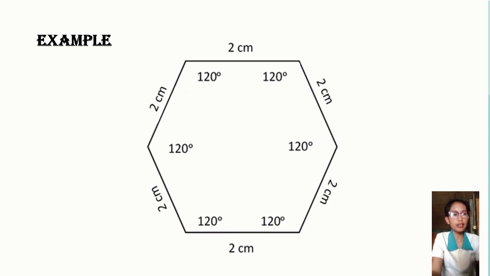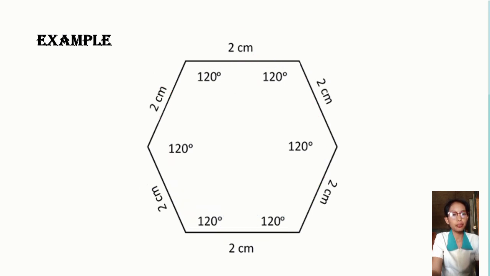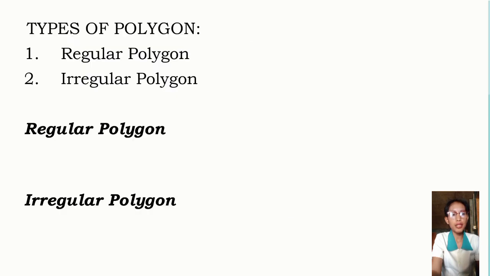And as we said earlier, we call it a polygon if all the sides and angles are congruent. So, polygon has 2 types, and we call them the regular and irregular polygon.